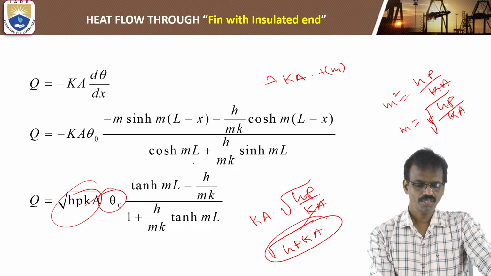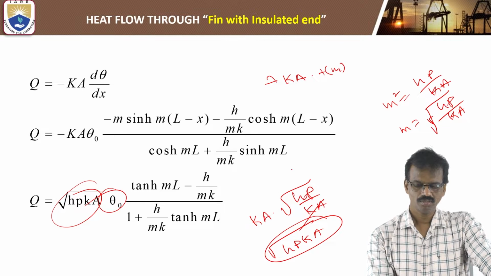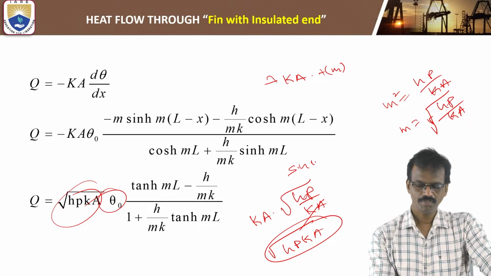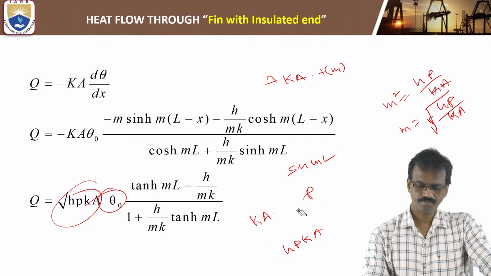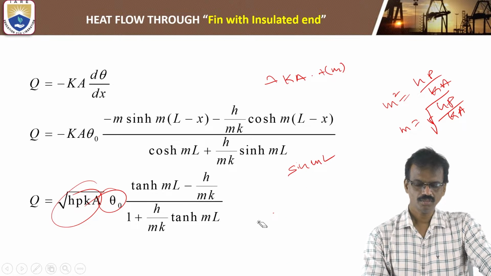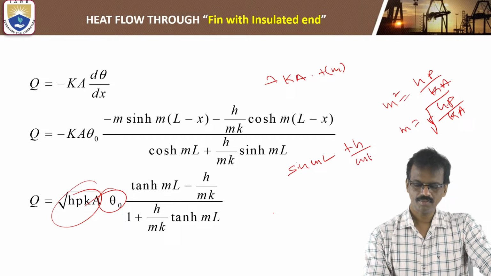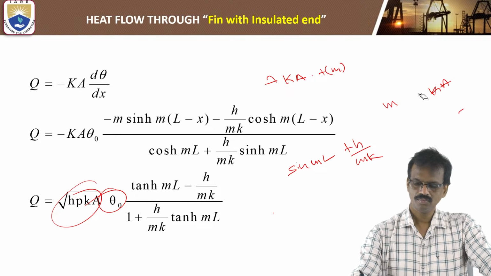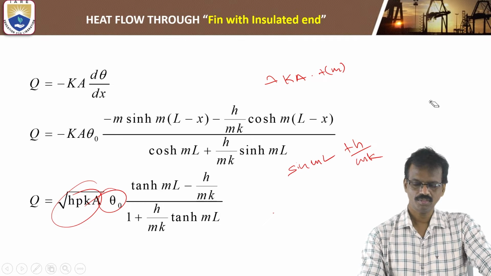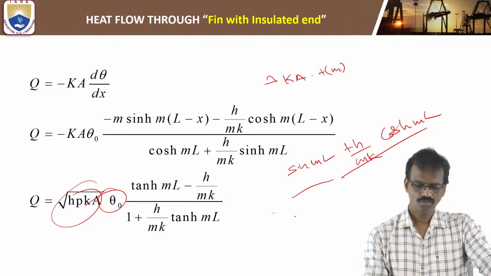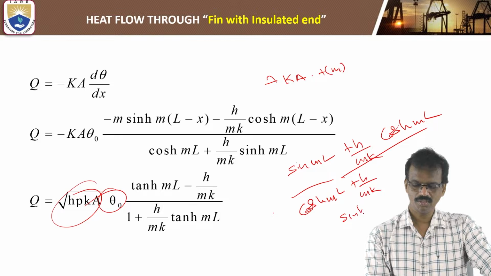If you take x is equal to 0, this will be sinh ml. So here h by mk into, if you substitute x is equal to 0, that is cosh ml, divided by the same term, cosh ml plus h by mk into sinh ml.